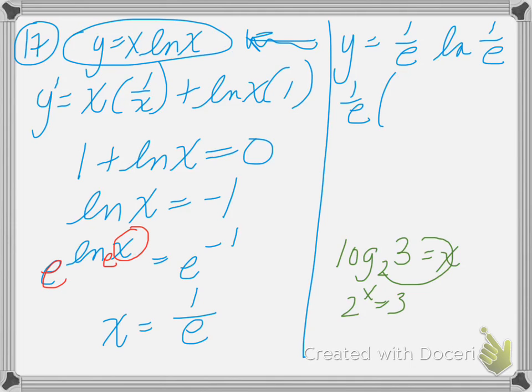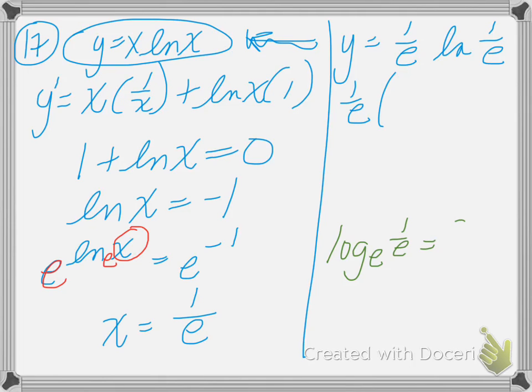So looking at this particular problem, just erase that. Remember, ln is just like log, and I'll write it as log just so it looks a little easier too. With the base of e of 1 over e equals something. So go around in the circle. So you're going to have e to what is going to equal 1 over e.